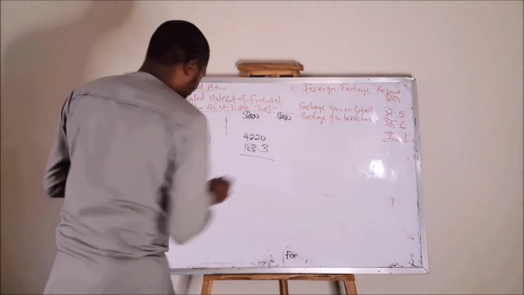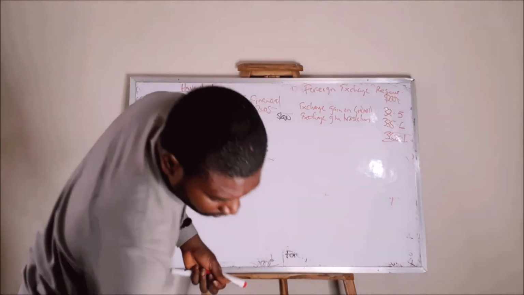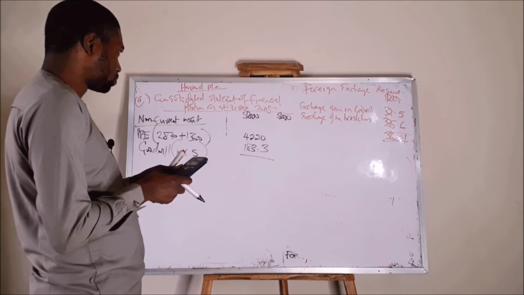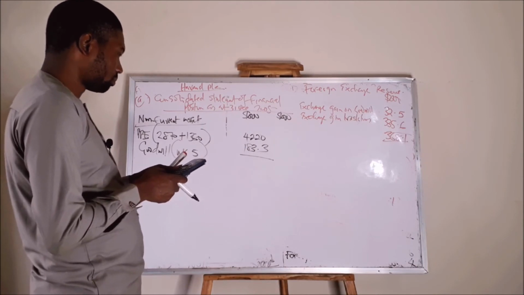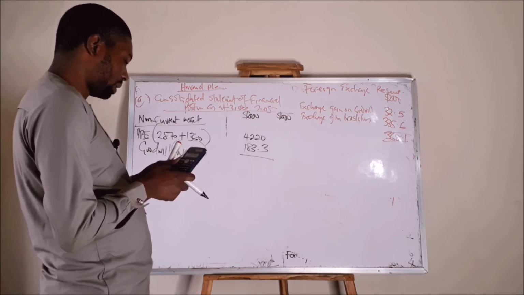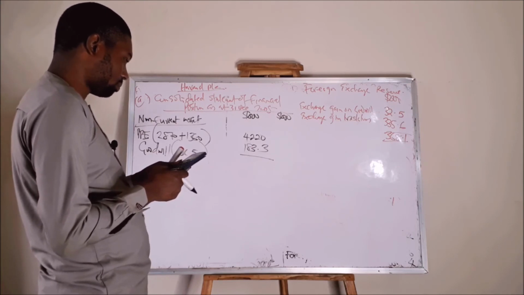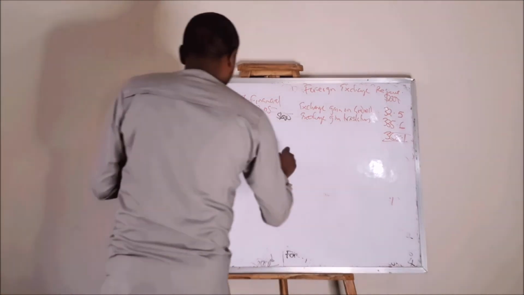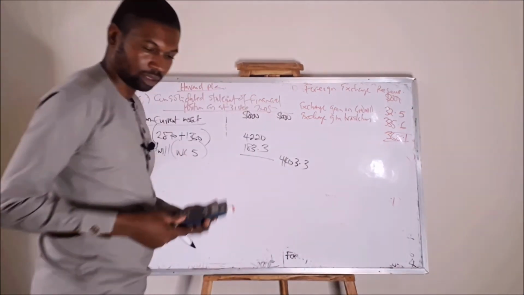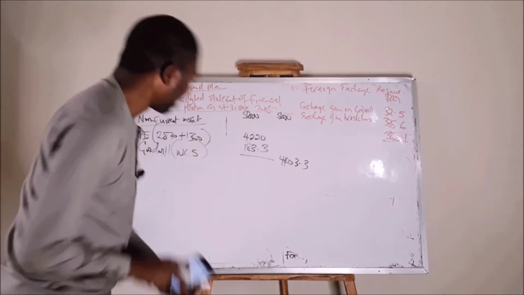We'll now add these two figures. We have 4220 plus 183.3. So it gives us 4403.3.